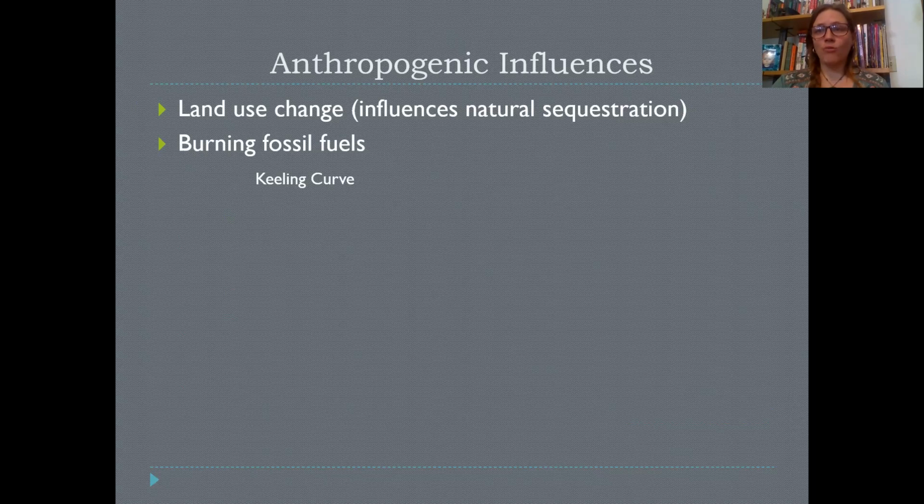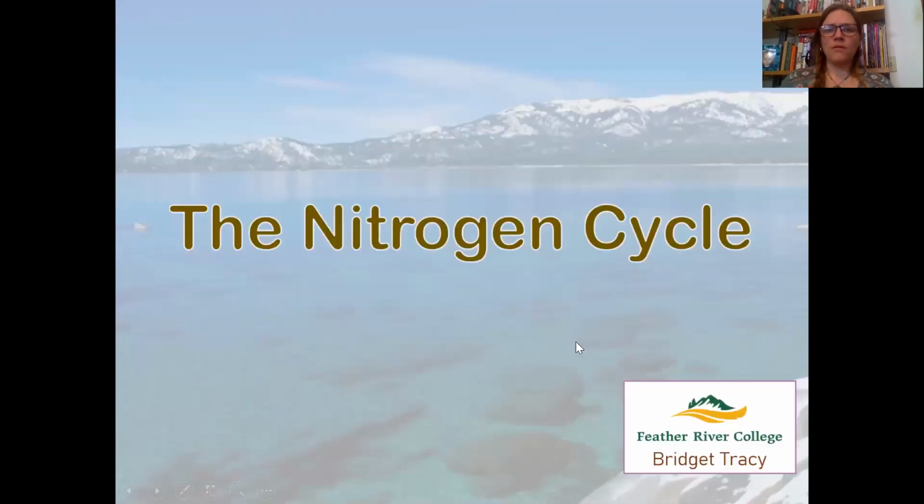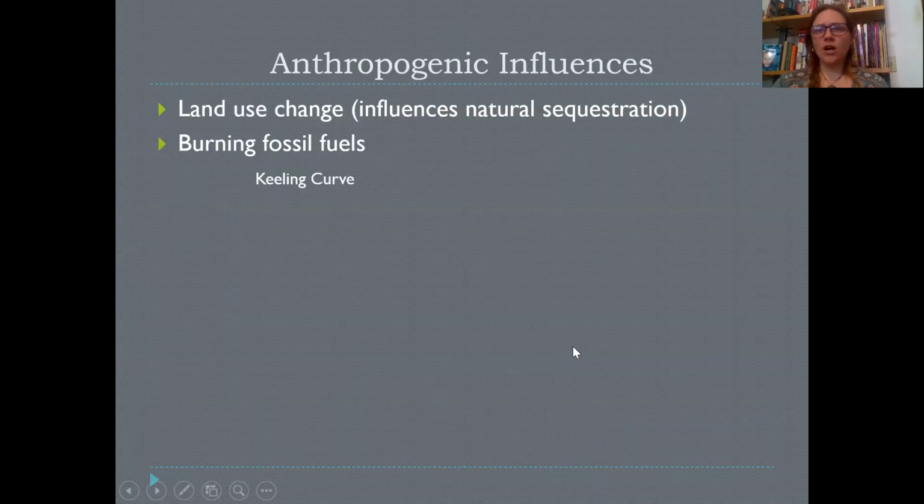But the process of that releases this enormous amount of usually carbon dioxide, but could also be things like methane to the atmosphere. And so the Keeling curve, oh, it's not showing up. Weird. Anyway, the Keeling curve is this really famous graph that shows the building of carbon dioxide in the atmosphere since the late 1950s when it was starting to be measured.